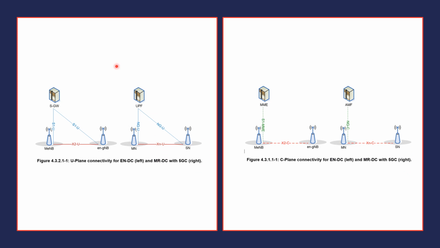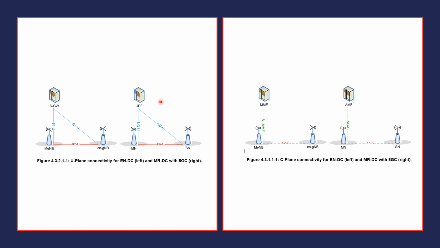Let us see the nomenclature of the interfaces. The first example is for U plane connectivity for ENDC. When our core network is LTE, the connection between ME node B and ENG node B is called X2U, and the connection between ME node B and SGW, or ENG node B and SGW, is called the S1U interface.